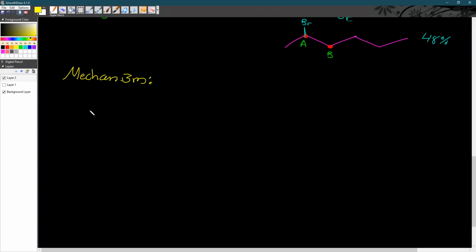The mechanism is a carbocation intermediate. Carbocations, as you remember, are carbons that only make 3 bonds, or in other words, have 6 electrons.